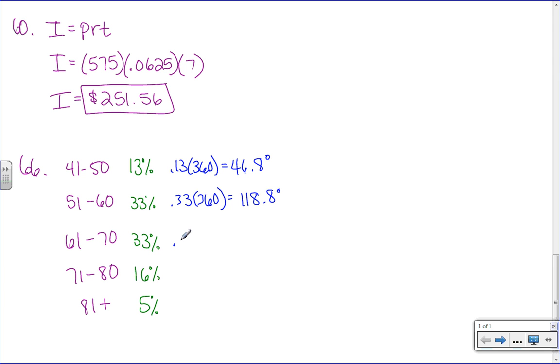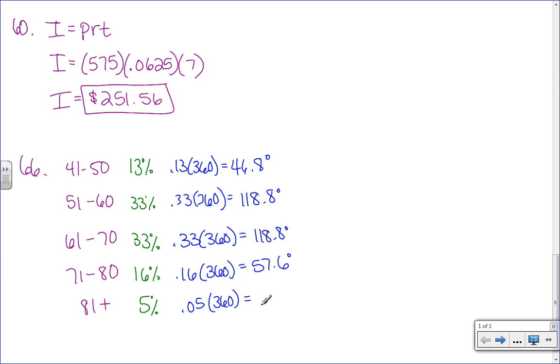And since this is the same thing, it'll be the exact same number, of course. And this one is 0.16 times 360, which is 57.6 degrees. And the last one is 0.05 times 360. And that is equal to 18 degrees.